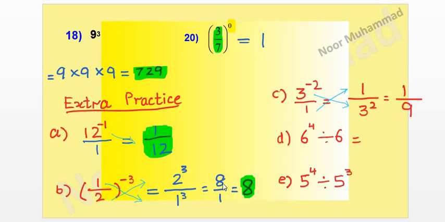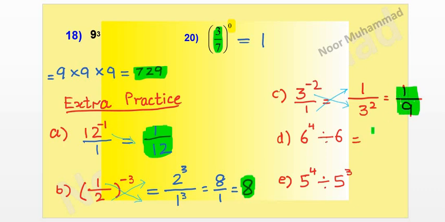So 2 to the power 3 is actually 2 times 2 times 2, that gives us 8, and 1 to the power 3 is 1. So 8 divided by 1 is 8. Here, as you can see, I flipped their places to change 3 to the power negative 2 into a positive 3 to the power 2, and then finally 3 to the power 2 means 3 times 3, that gives us 9.